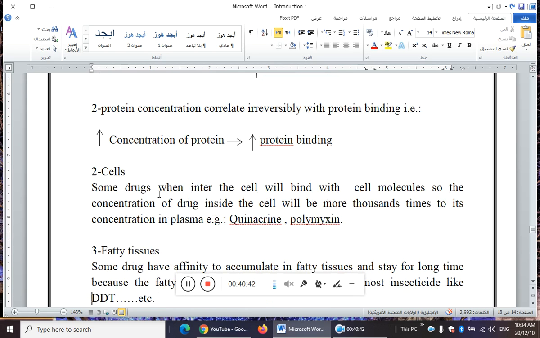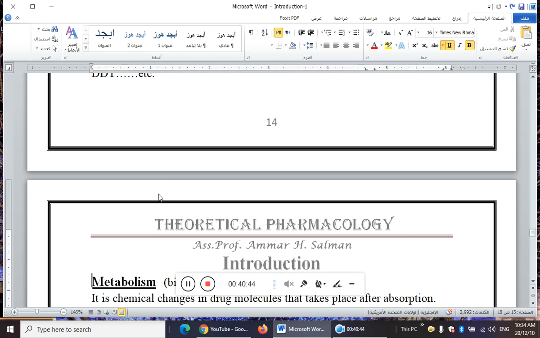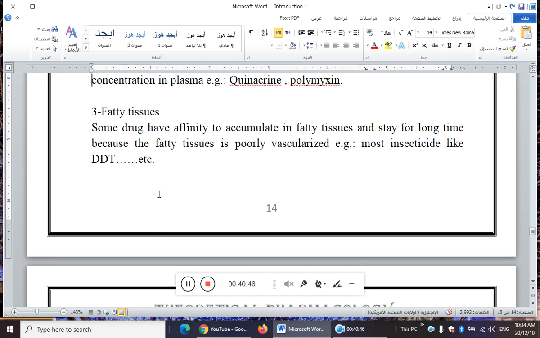The third storage depot is fatty tissues. Some drugs have affinity to accumulate in the fatty tissues and stay for a long time because the fatty tissues are poorly vascularized.